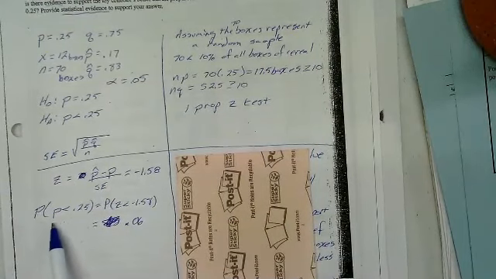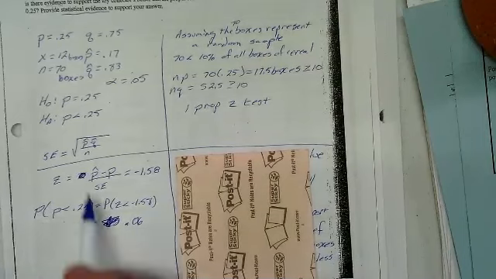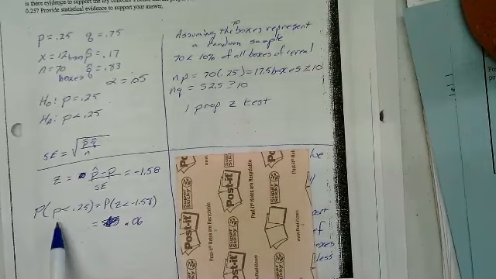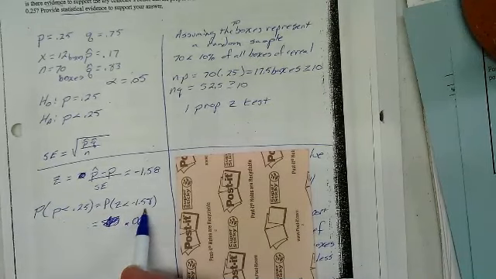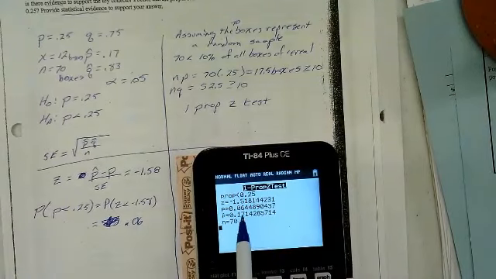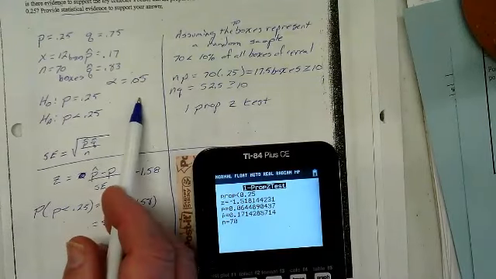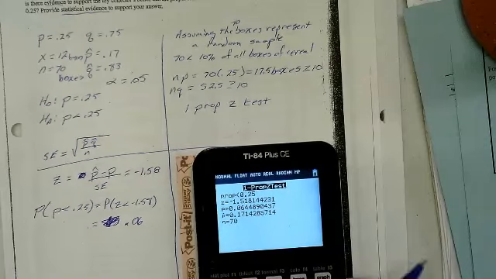So p is less than 0.25. That's my alternative hypothesis, that my true proportion is less than 0.25. The probability that Z is less than negative 1.518 is 0.06. Okay, 0.06, which compared to alpha 0.05 means it's greater than.